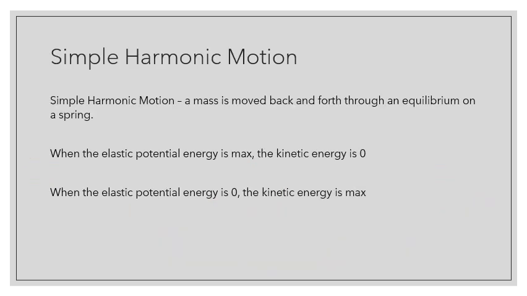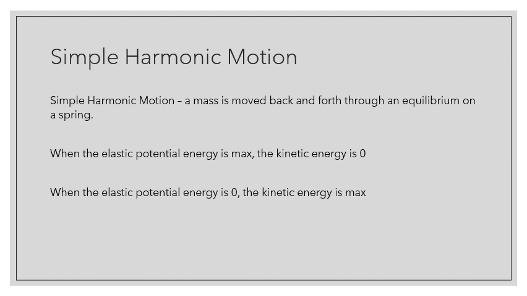Simple harmonic motion is when a mass is moved back and forth through an equilibrium on a spring. When the elastic potential energy is max, the kinetic energy is 0. And when the elastic potential energy is 0, the kinetic energy is max.